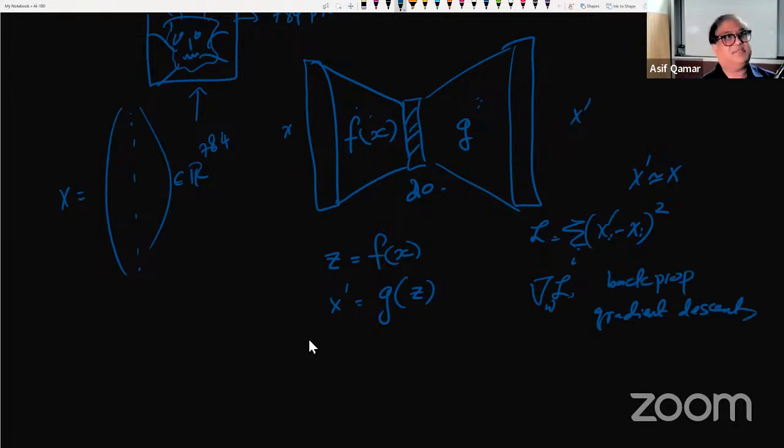Remember all my 4 steps of learning: forward direction to produce x prime, compute the loss, compute the gradient and backprop it everywhere, and then take a step of learning. And I can go on doing it. Now, I just work with one image. I keep giving the image over and over again. Run quite a few iterations of this.